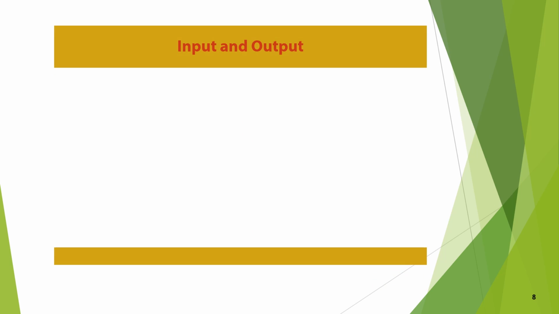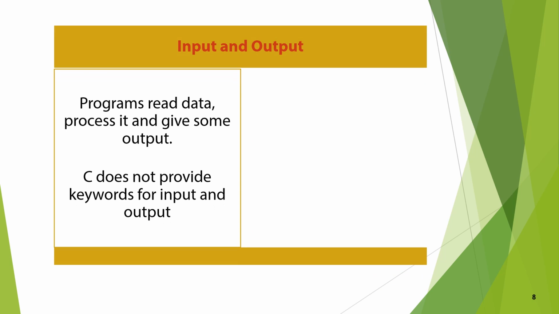Now we will see input and output. Whenever we write programs, we should provide some data to the programs as per the need. That means if a program requires data for manipulation, we have to provide that data as input.